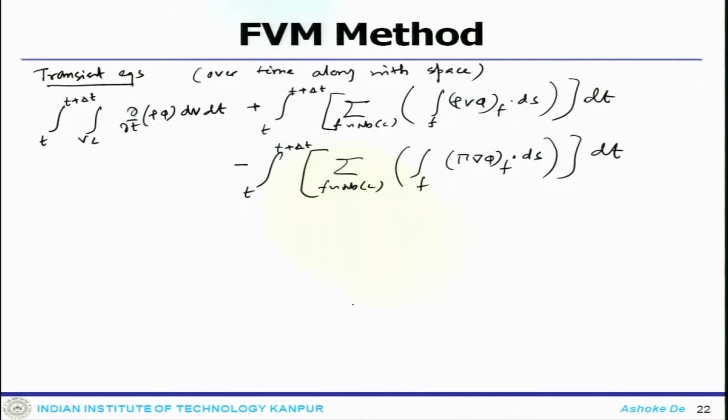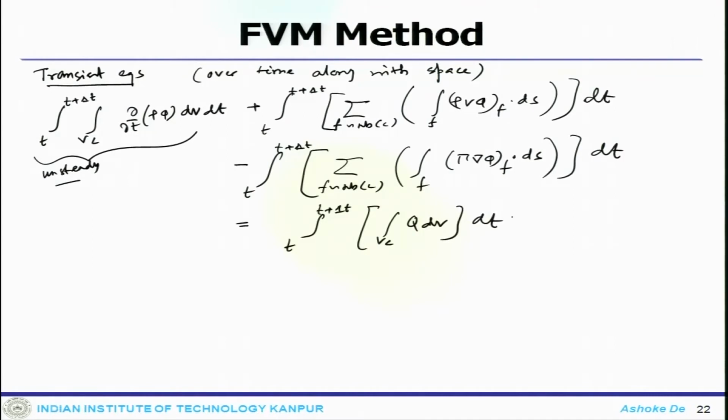Now, this term previously we have dropped out. Now, this is the unsteady term, or the term which will be retained, and this should be equal to your generic source term.